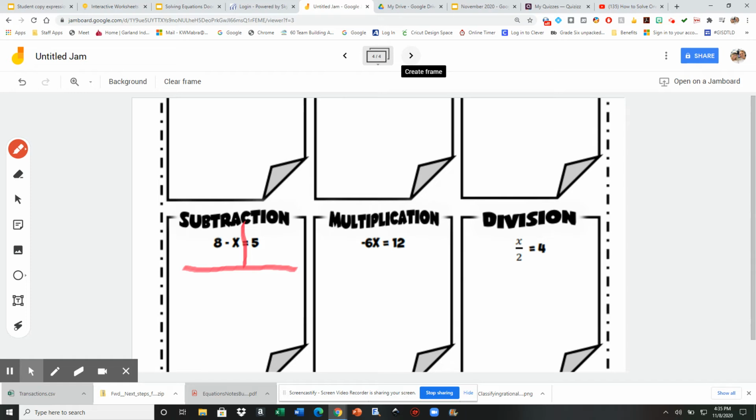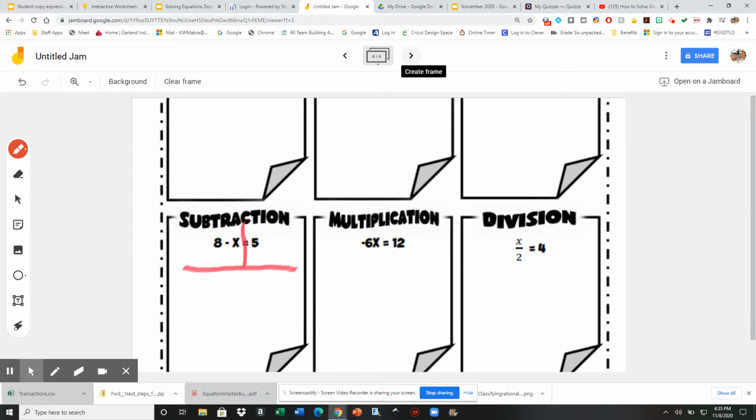And when you can't see that coefficient in front of it, do you remember what it was? We talked about it last week. When there's no coefficient in front of the variable, it's understood that it's going to be a positive 1 or a negative 1. Now, I want my x to be positive.